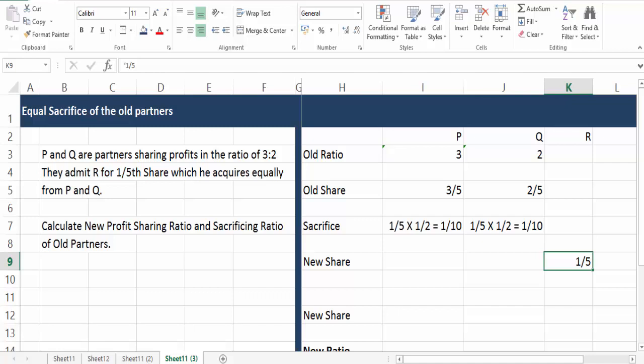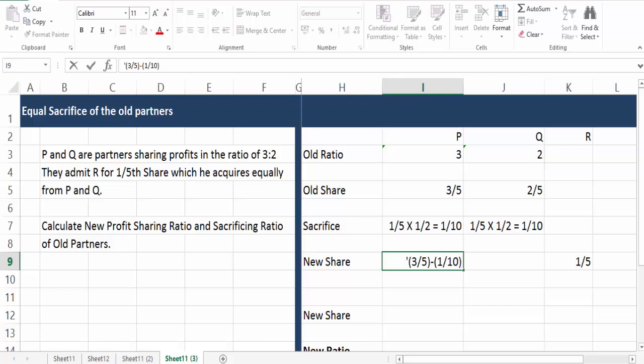So how do we find the new share? It's basically old minus sacrifice. Let me calculate. For P, what is the old? We know old is 3/5 minus sacrifice, which is 1/10. How do I get the result? Because the denominators of the two numbers are different. For the second item the denominator is 10, whereas for the first item the denominator is 5. So I should convert the denominator of the first item also to 10. It means I have to multiply and divide by 2.